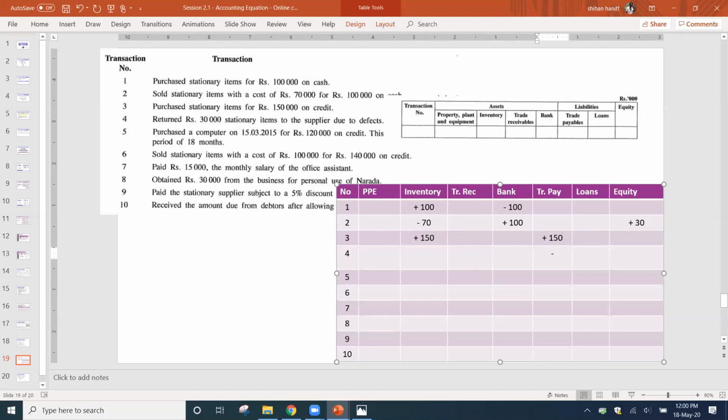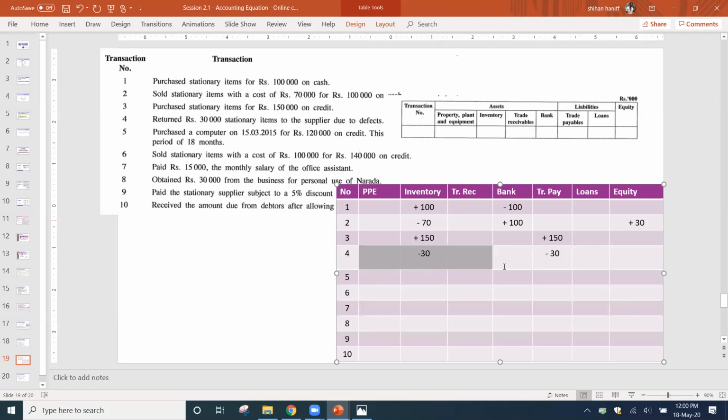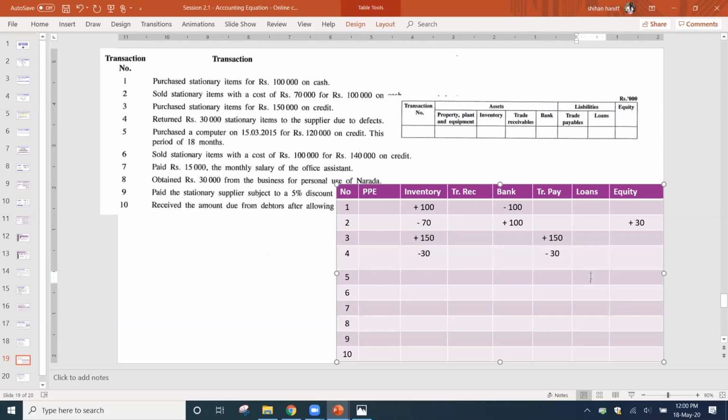Then payable will be minus and inventory will be minus.